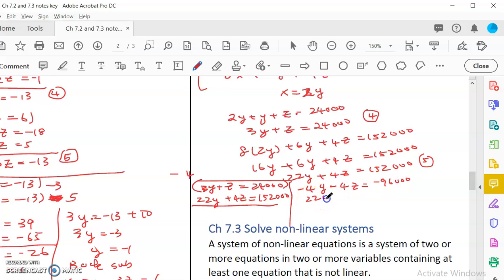Add with 22y plus 4z equal to 152,000. So I would have only y left over. 22 minus 4 is 18y, is equal to 152 minus 96, 56,000, divided by 18.